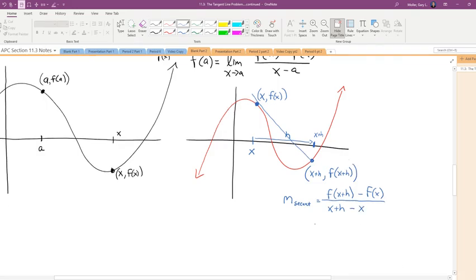And so the slope becomes f of x plus h minus f of x, and then the x's cancel and I get h. And it should make sense that we're down to h on the bottom, because finding the slope, it's how far horizontally did we change. And we defined that by the value of h, so it makes sense that our horizontal change is h. This, of course, we recognize as the thing called the difference quotient.